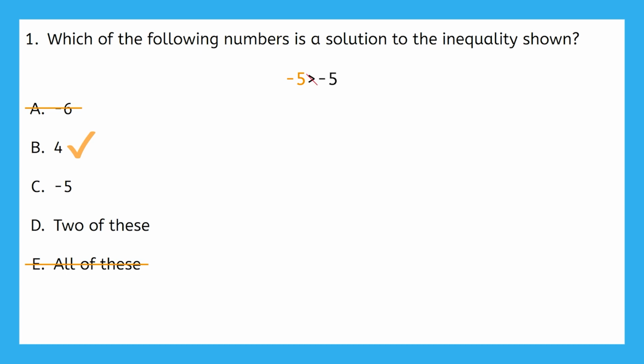No, it's not. If we had a greater than or equal to sign here instead, this would have been correct. Well, since answer choice C is incorrect, that means answer choice D is also incorrect. So we've narrowed it down to answer choice B.